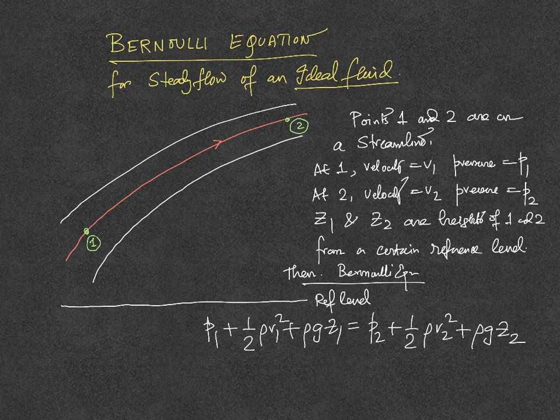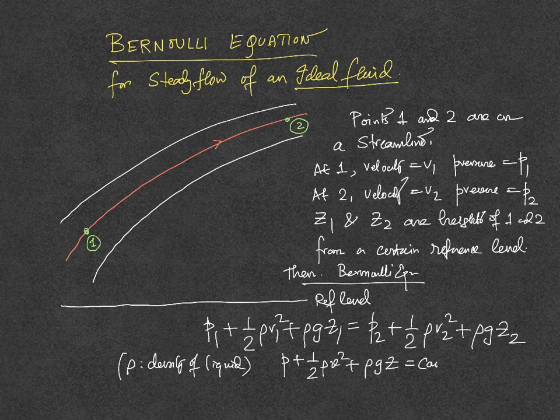I will prove it shortly. Where rho is the density of the liquid. Or you can say that P plus half rho V square plus rho gz is equal to constant, obviously for points on a streamline.